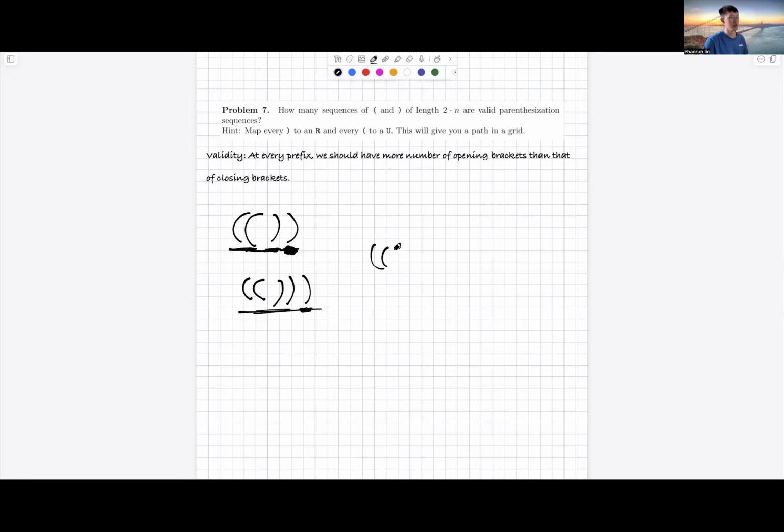Maybe let me add one here. So you see that at this prefix, no, this is actually valid. Let me add one more here.